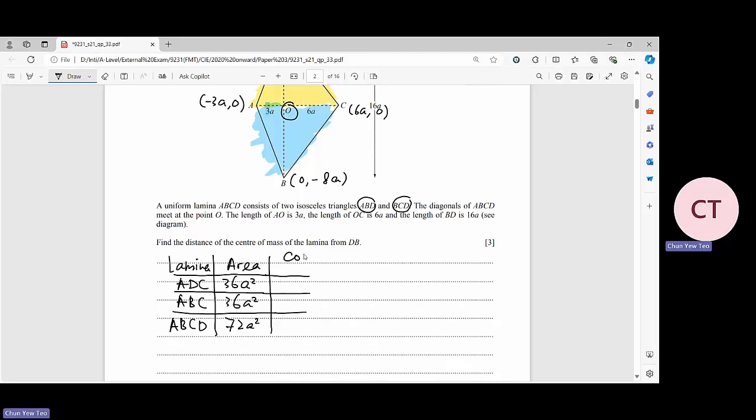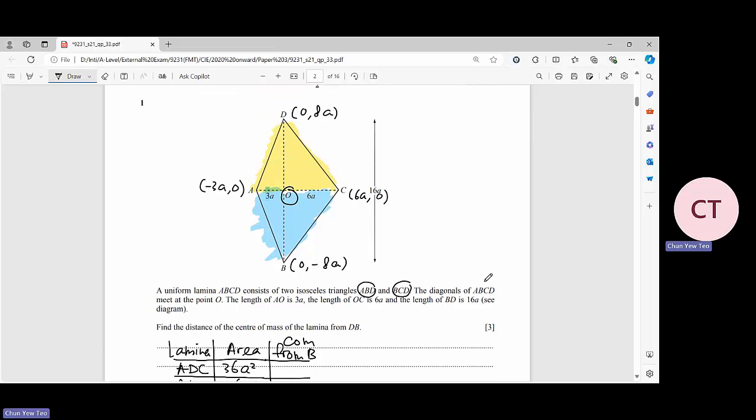Now we want to find the center of mass from DB. If you find the center of mass from DB, that means you are looking for x bar, the x coordinate. For ADC, just look at the x coordinates, add all together and divide by 3.